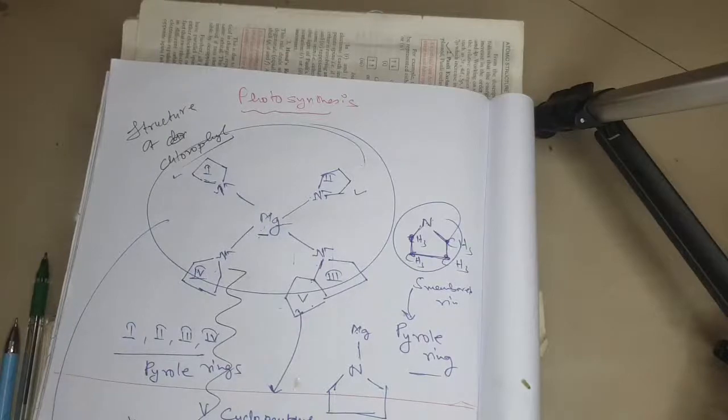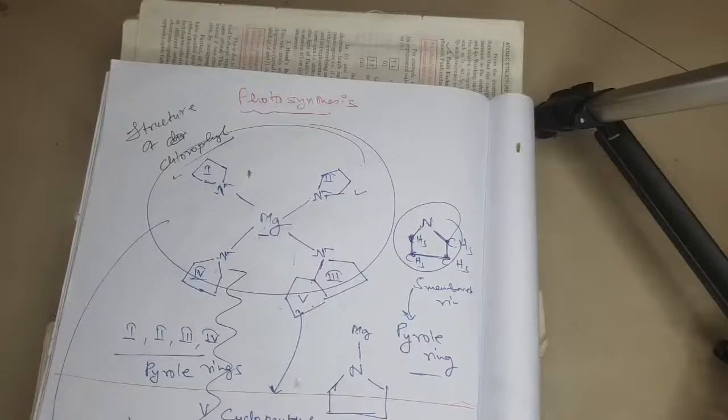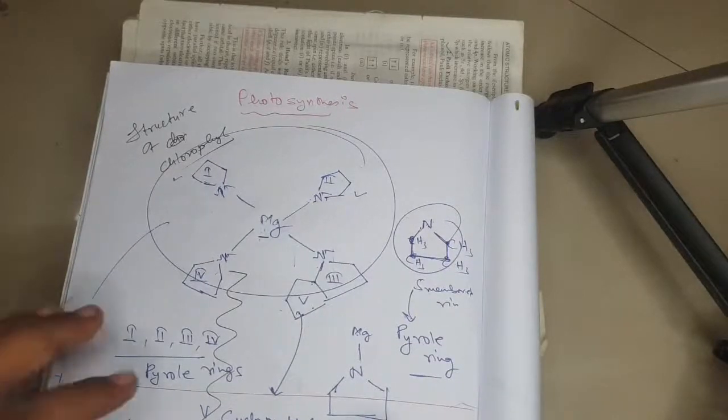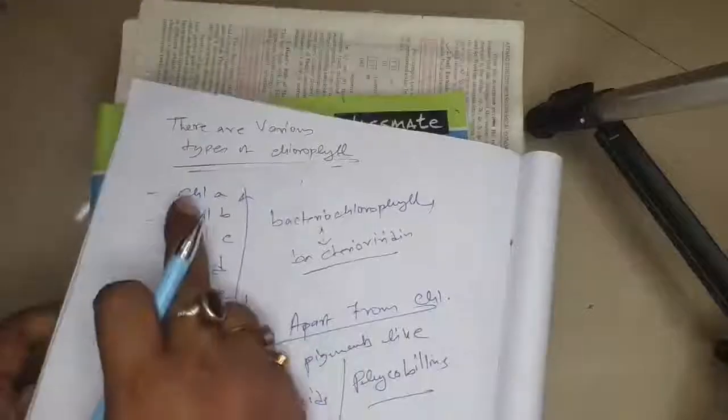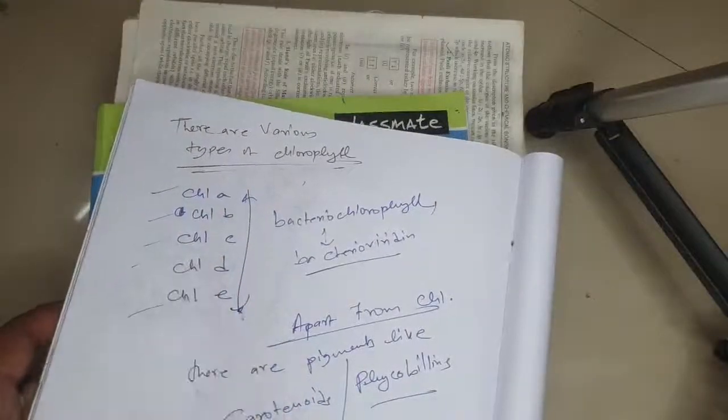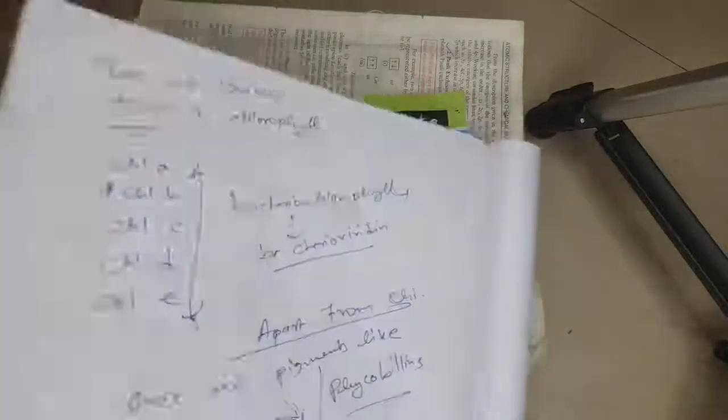Now, moving forward with our understanding, the question that I had asked is how are chlorophyll A, B, C, D and E different from each other? Definitely the difference is in the structure.